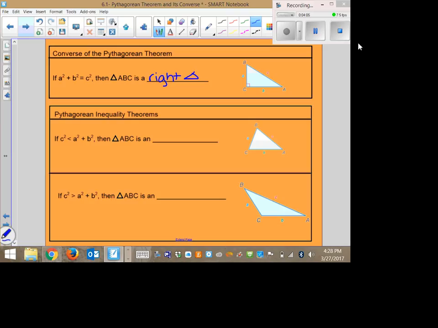If c squared is less than a squared plus b squared, then triangle ABC is an acute triangle. So that's when c is smaller. If c is bigger, so c squared is greater than a squared plus b squared, then triangle ABC is an obtuse triangle.